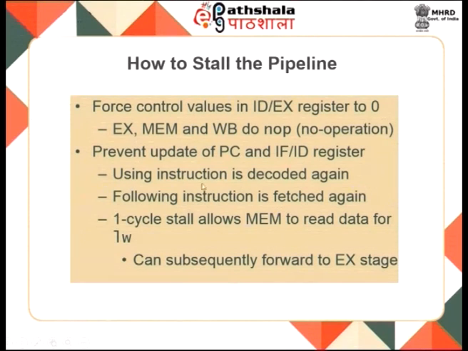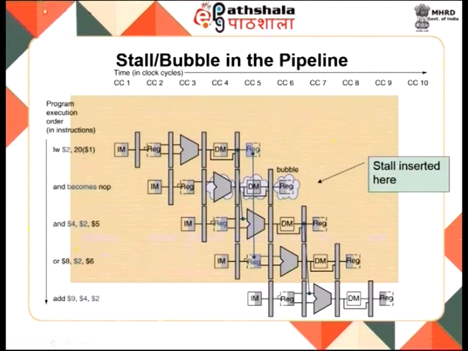So, the using instruction is decoded again, the following instruction is fetched again, and one cycle stall allows the memory to read data for the load instruction, and it can subsequently forward to the execution stage. So, this is how a stall can be created.